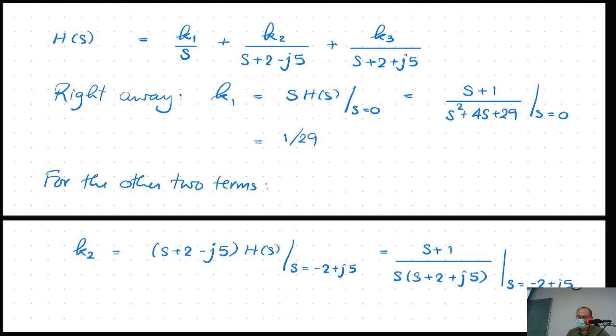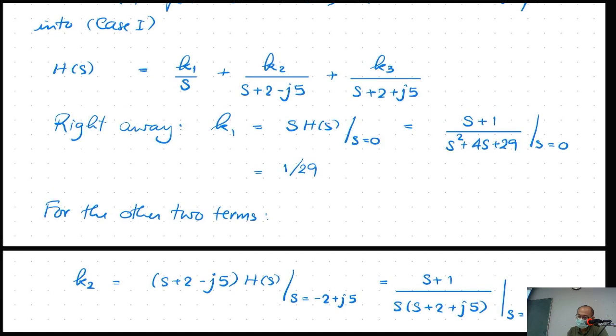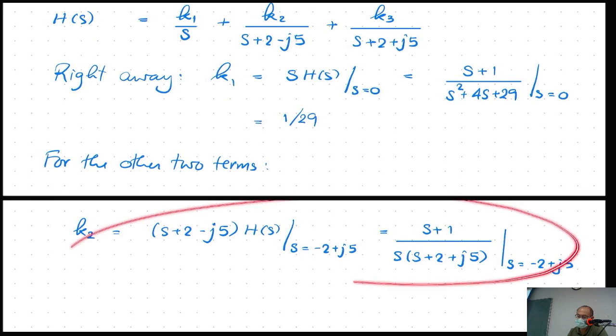Now, let me tell you that actually we don't really need to do this, okay? But I would like to show you something. I would like to show you that in the end, K2 and K3 are conjugate pairs. Actually, we don't have to do all this.